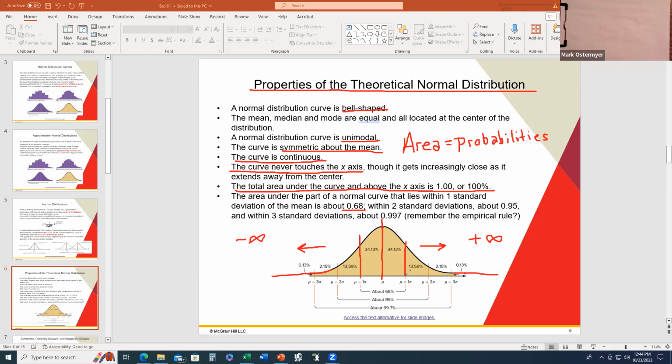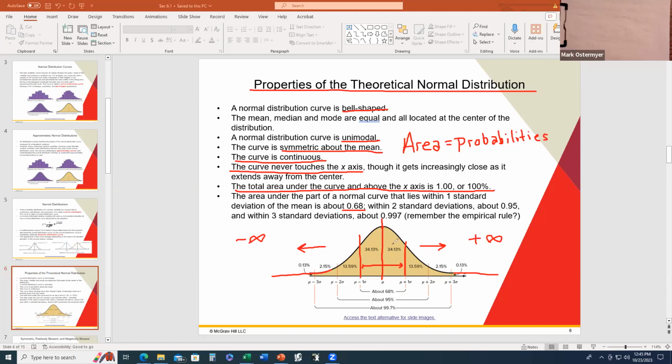The empirical rule says that if we venture one standard deviation either side of the mean, from one standard deviation below the mean to one standard deviation above the mean, we will have encompassed about 68% of our data. Well, geometrically speaking, that's saying that about 68% of the entire area of this normal curve lies within that interval from one standard deviation below to one standard deviation above the mean.